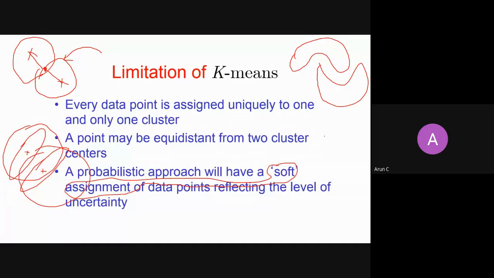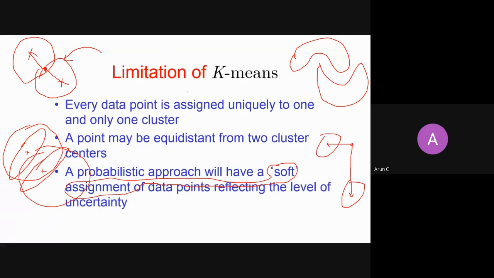You can say that this point belongs to this cluster with 0.7 probability, and the same point belongs to the other cluster with 0.3 probability. You can't do that in k-means clustering. So majorly there are two disadvantages: they are isotropic in nature, which is not written here, and the other is the lack of soft assignments.